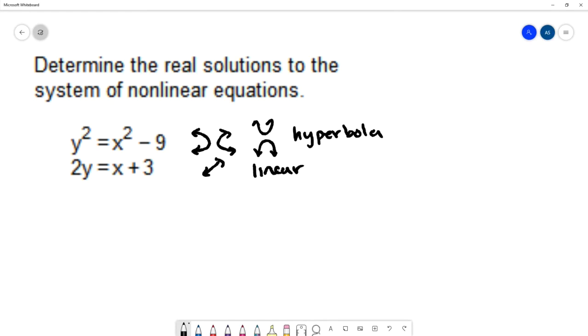So if we were to draw a hyperbola and a line, there are many different ways you can draw it. You could draw it like this. We get two intersection points that way. You could draw the hyperbola and the line at an angle. And there is an angle here that you can draw it on where you have no solution.